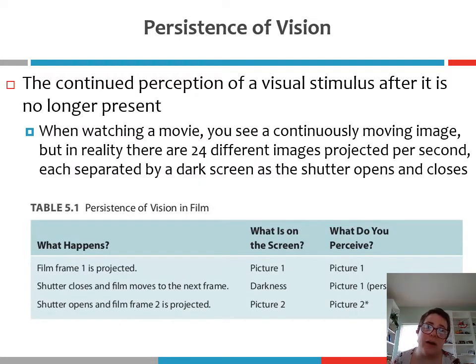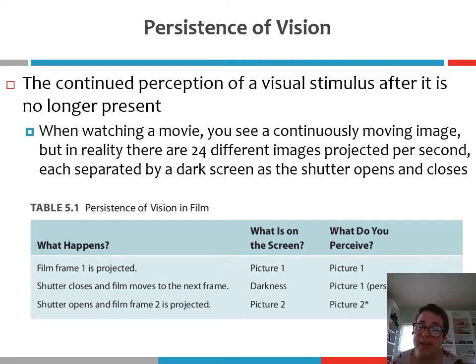Okay, another example that illustrates persistence of vision and how our sensory memory helps us to connect our sensory experiences is in the perception of film, right? Whenever you watch a movie, you see a continuously moving image.